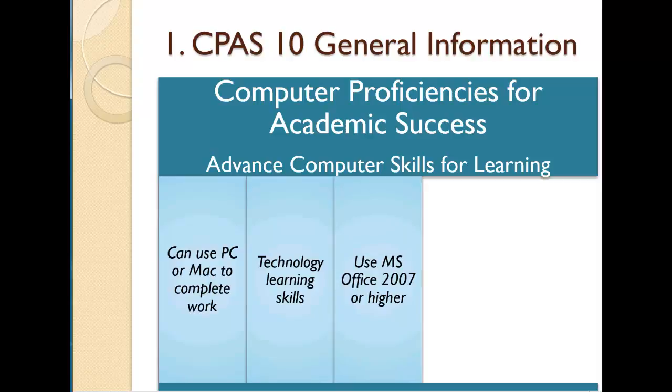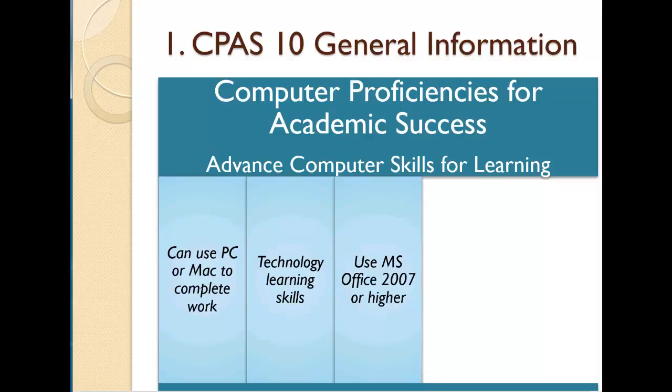Now you will need access to a PC or a Mac that has Microsoft Office version 2007 or higher. They're currently on Office 2016, but if you're going to use anything lower than Office 2007, you will notice some features that we will be discussing during class might not be available to you.